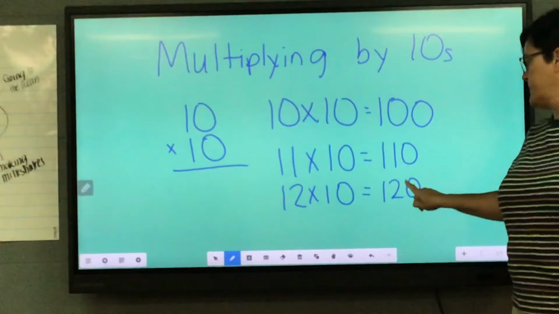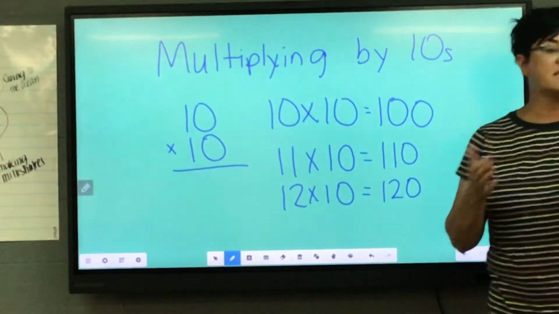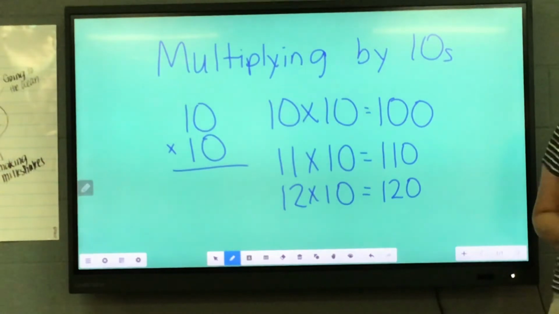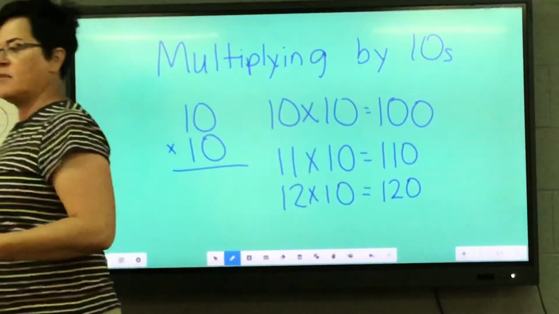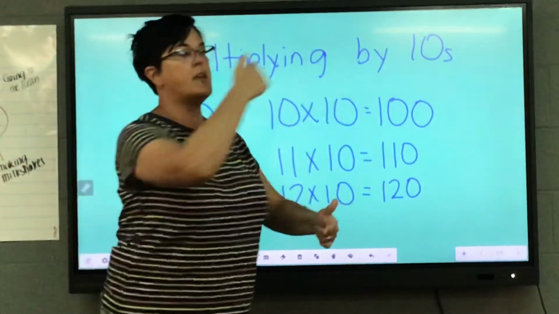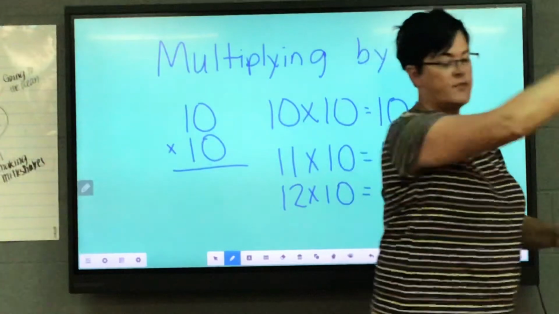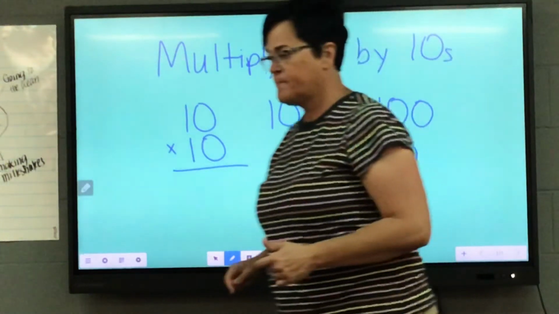Yeah. She is correct, because it increases by another 10. So the pattern when we're counting and multiplying by tens is it keeps going up another group of 10. All right?